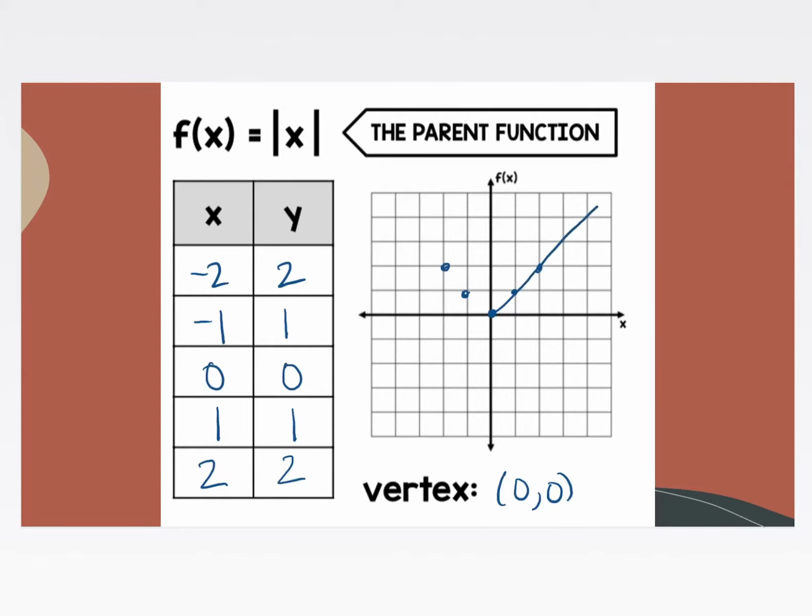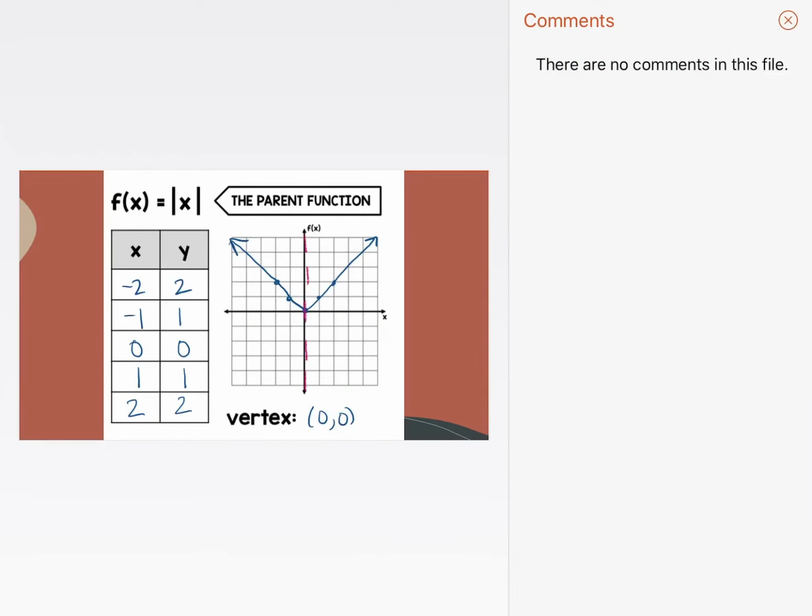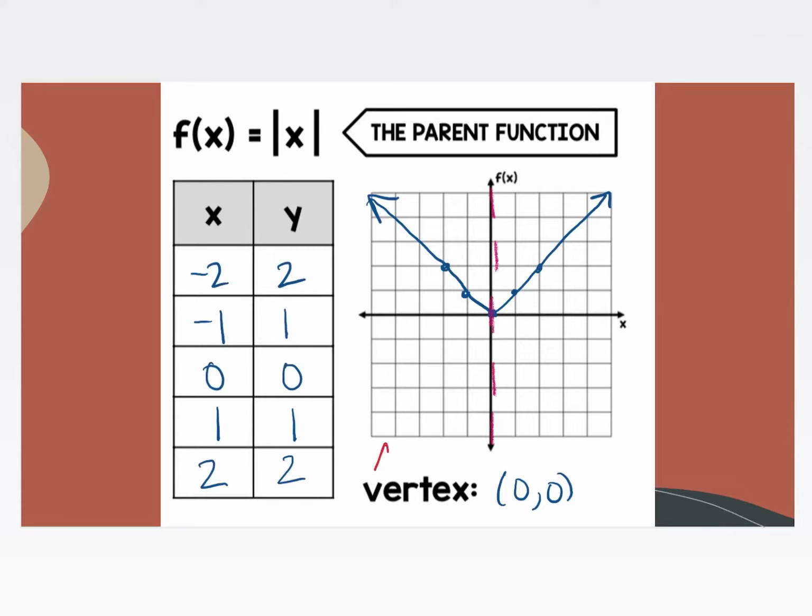And if we just continue, we'll see we get this V shape here. And actually, if we fold our function in half, we'll see that we have what's called an axis of symmetry at x equals 0. So at the y-axis, if we flipped it in half, the left side would match the right side.